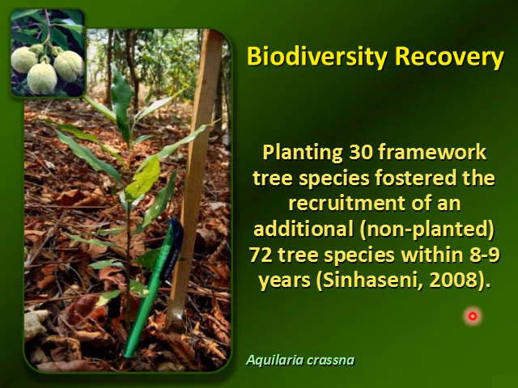She did a very nice project on that, and we planted 30 framework tree species in this area, and we got 72 additional recruit species coming up within 8 to 9 years over which she did her study. So if you take the 30 that we planted and the 72 that came in, you end up with 102 tree species coming up in this area.